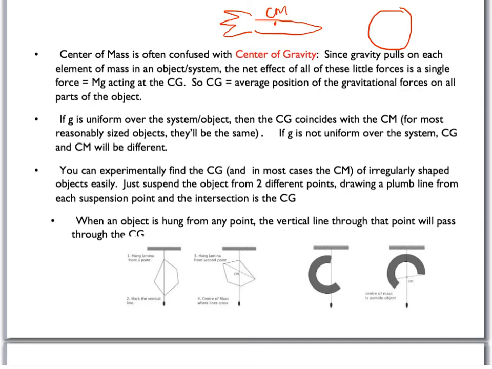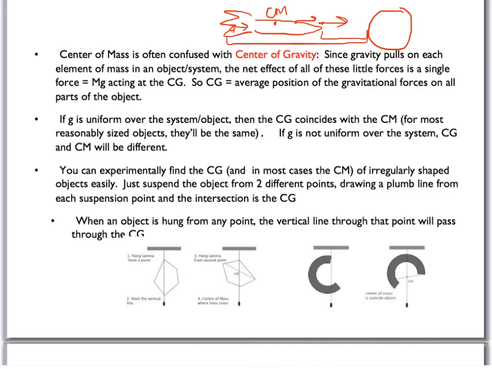But center of gravity depends on the gravitational pull of all the little bits of mass. So this little bit of mass over here is being pulled on by the gravity of the planet. And this little bit of mass over here is being pulled on by the gravity of the planet. Well, since we're looking at the nose of this rocket being relatively closer to Earth, the gravitational field will be stronger here, and there'll be a larger pull from gravity on the pieces of mass that are close to the planet Earth.